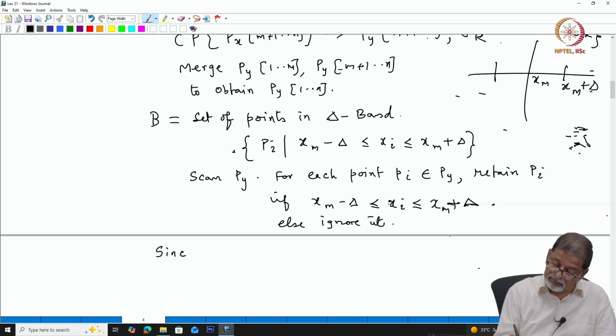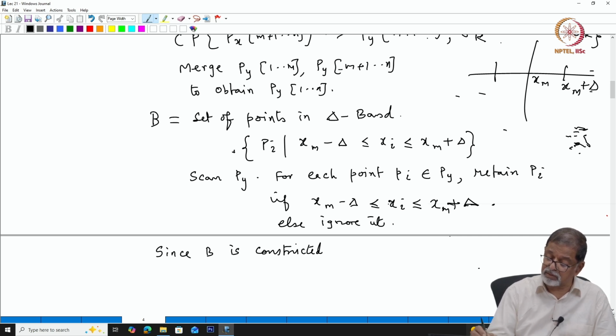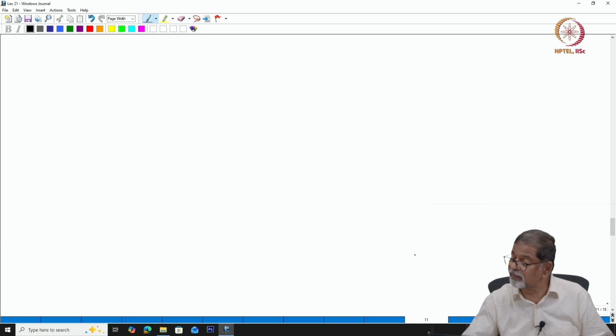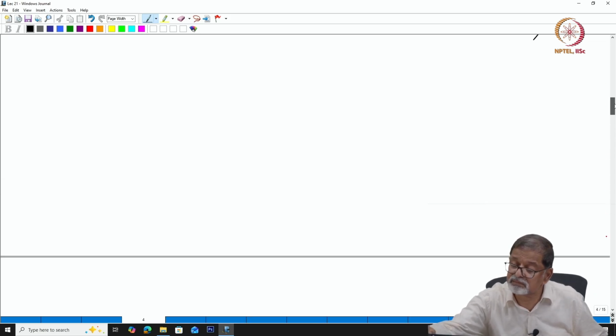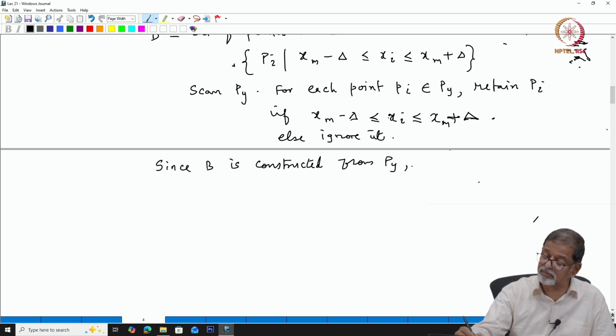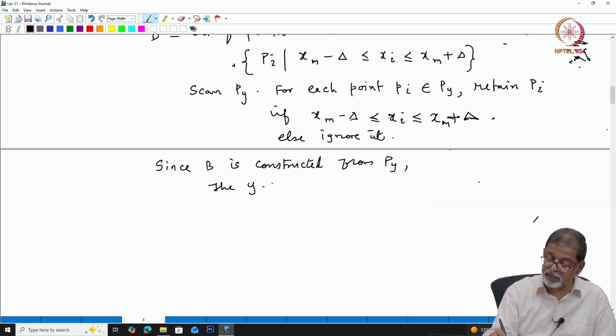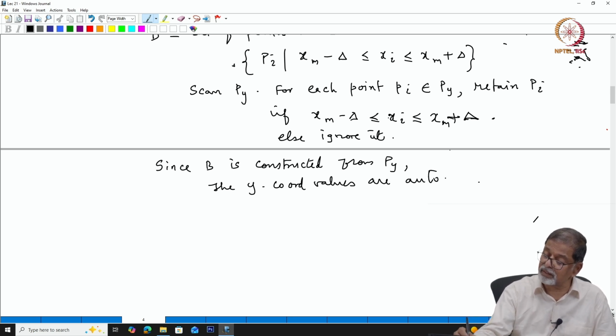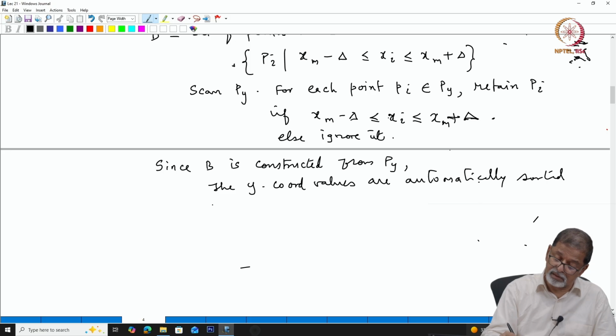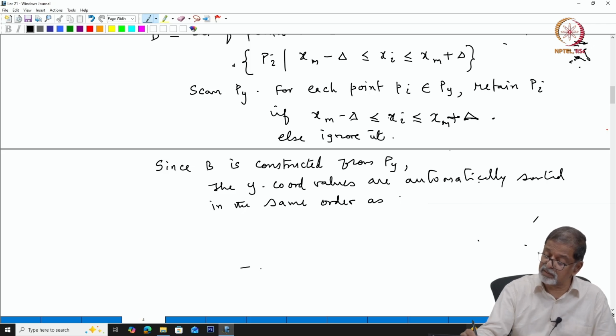Since B is constructed from Py, the y coordinate values are automatically sorted in the same order as Py.